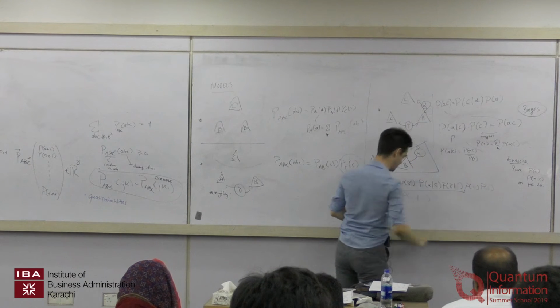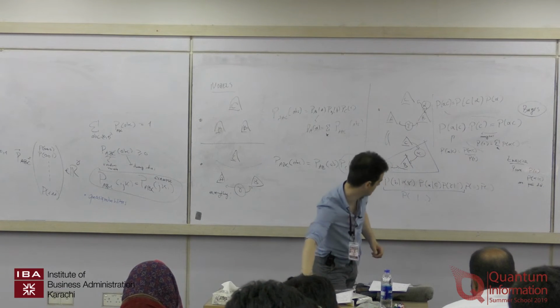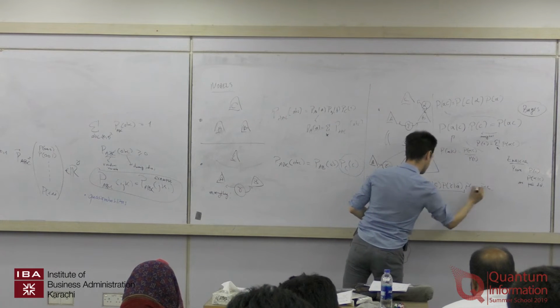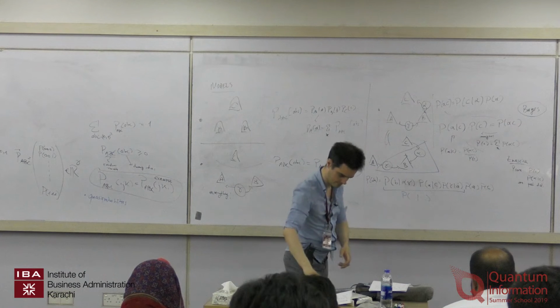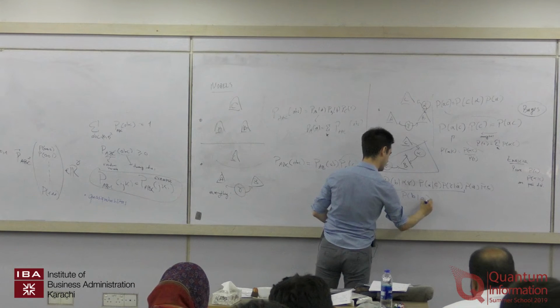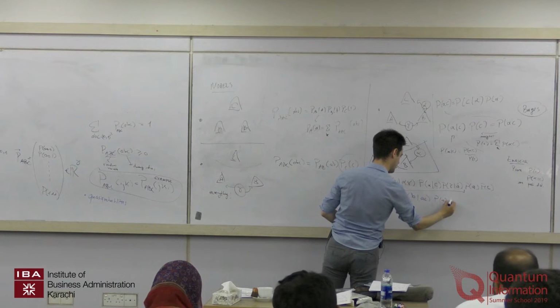I should use lowercase. That's a mistake. I'm going to correct it. This is a and this is a and c. This now is going to be P of b given a, c, P of a, P of c.